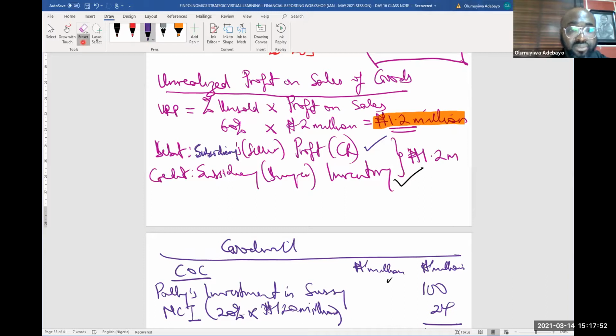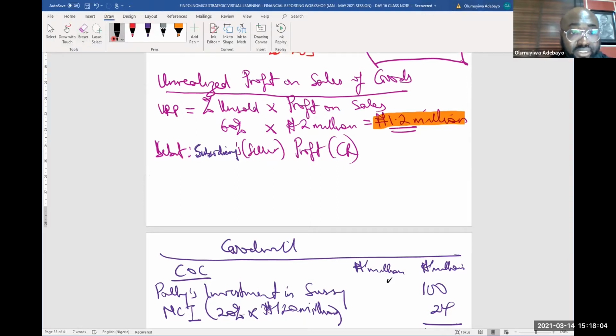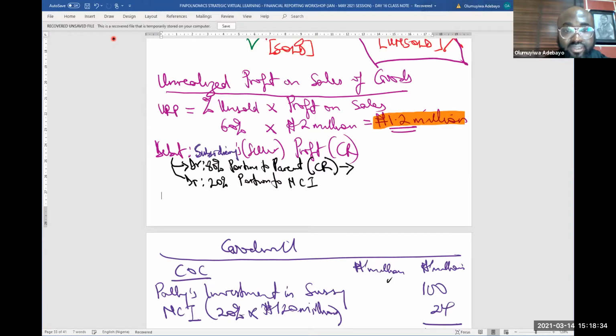And therefore, what will I do? Let me clean this up. It means the debit, invariably, means debit 80% of it to the parent through the consolidated reserve, which is 80% of 1.2 million. The second debit is debit 20% portion to NCI.